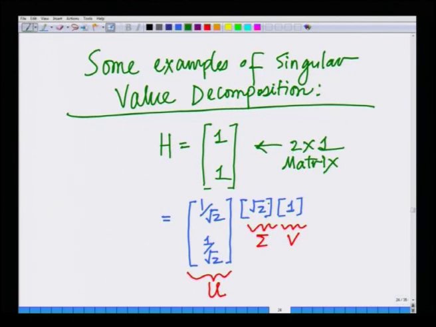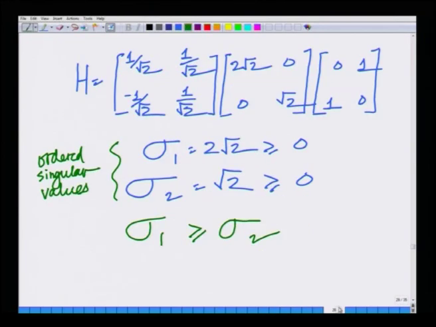You can clearly see the rank of the matrix is 1 in the earlier case, and the number of non-zero singular values is 1, and in this case you can see the rank of the matrix is 2. So, the number of non-zero singular values is 2.